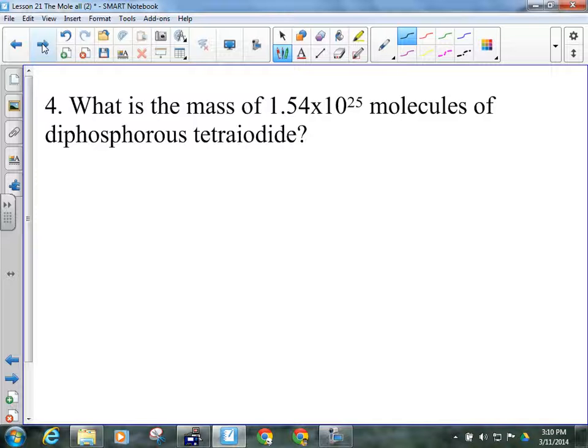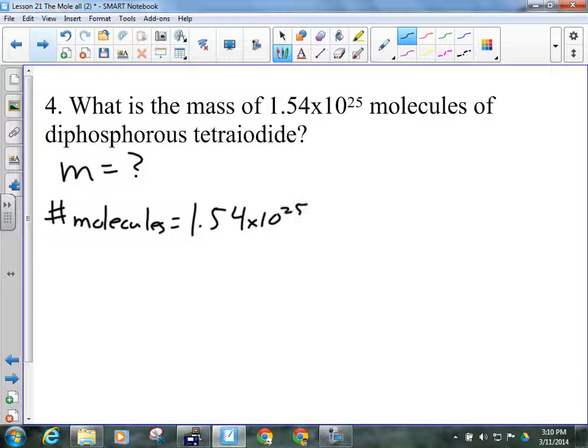So this question is looking for little m. It gives you the number of molecules, so you'd write that down as a given. And they also tell us it's diphosphorus tetraiodide.